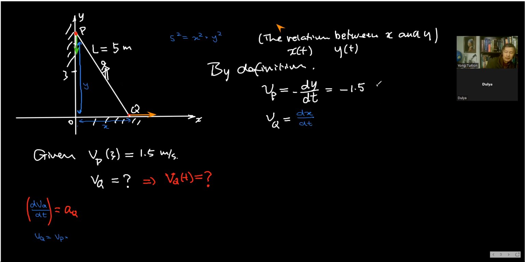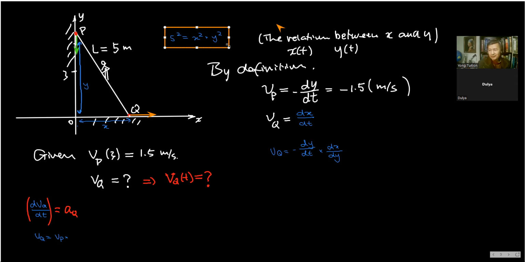This is the relation between the two variables. So what can we do? We can use the chain rule, or we can just use the formula for differentiation of an explicit function, because both x and y are explicit functions of time.